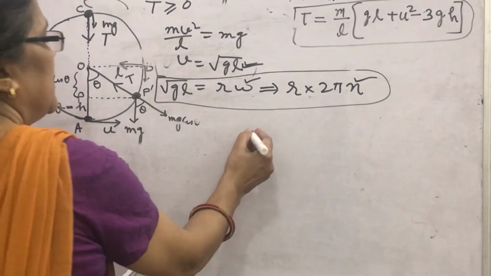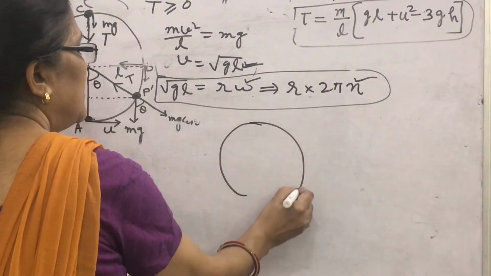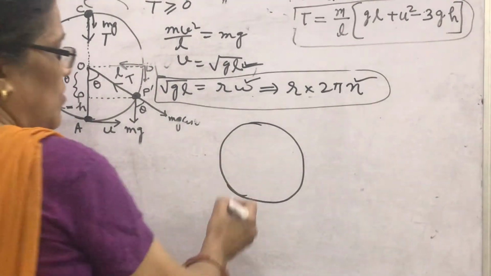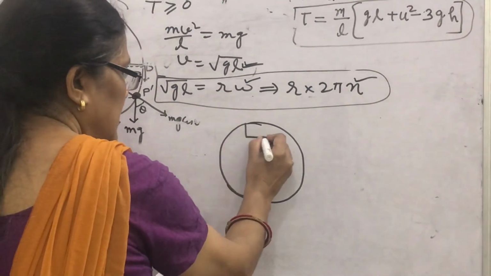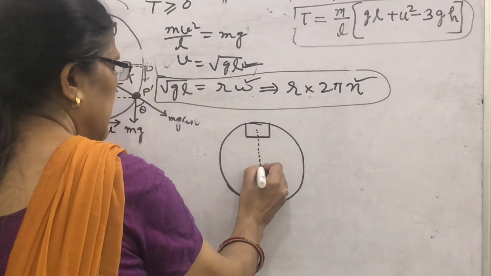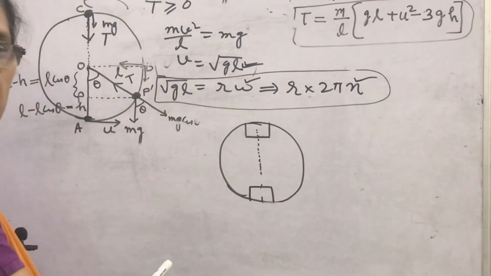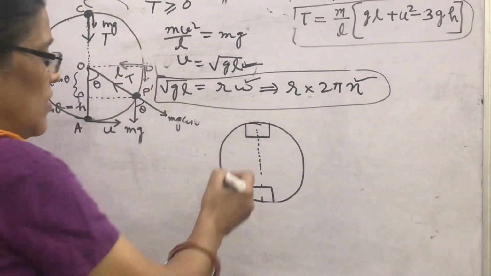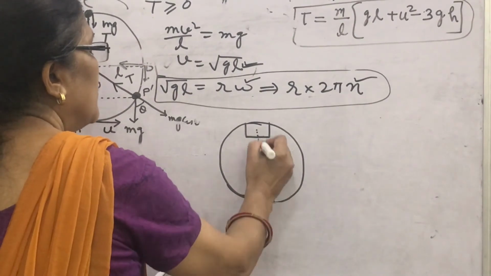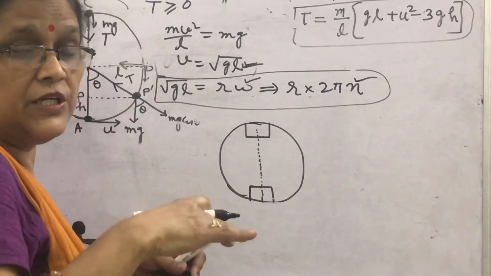There is a pilot flying the aeroplane in the vertical circle. When he is at the top point of the circle in the vertical circle and at the lowest point in the vertical circle, what will be the force with which he will press the seat?